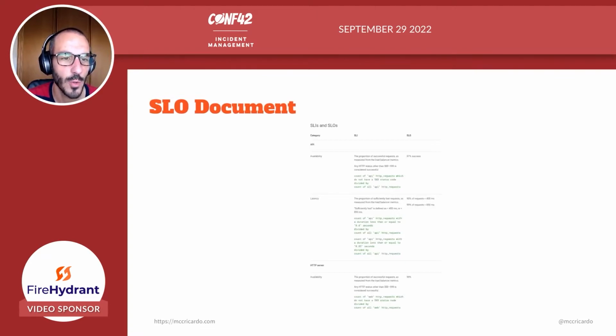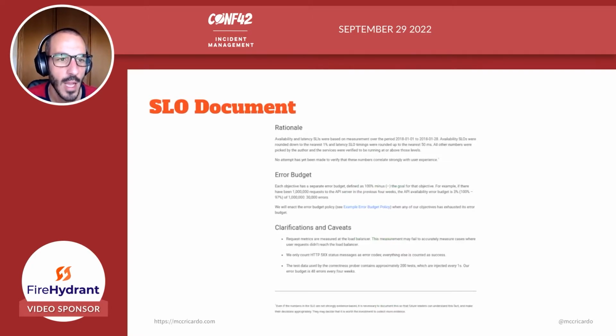Then it comes down to SLIs. These are the definitions of the SLIs that we've seen previously, but here they are the ones that actually inform this SLO. Then there's a section for rationale. Maybe there's something that you need to make clear to whoever is using this SLO, and this should be explained here.